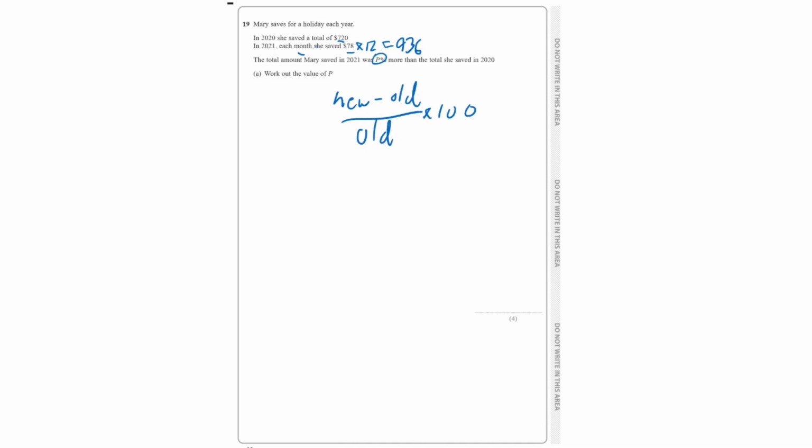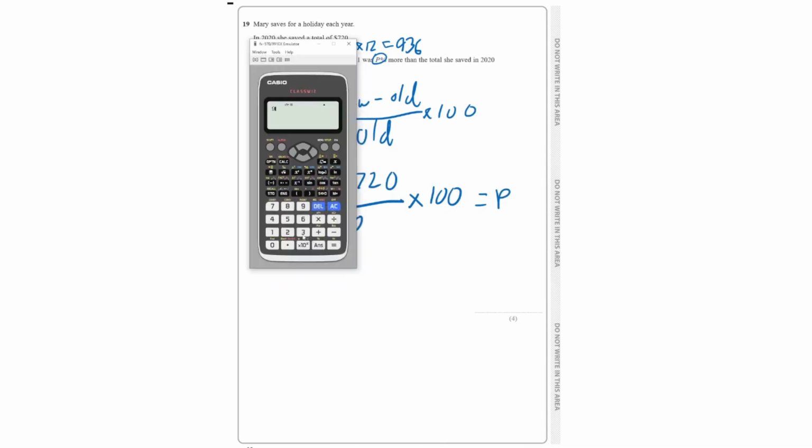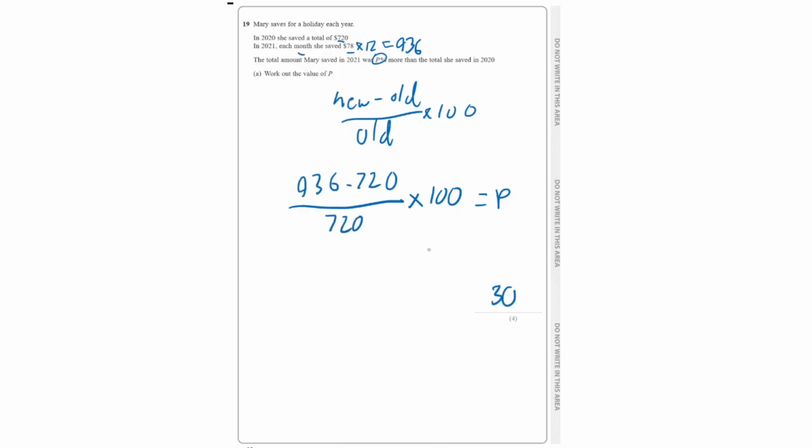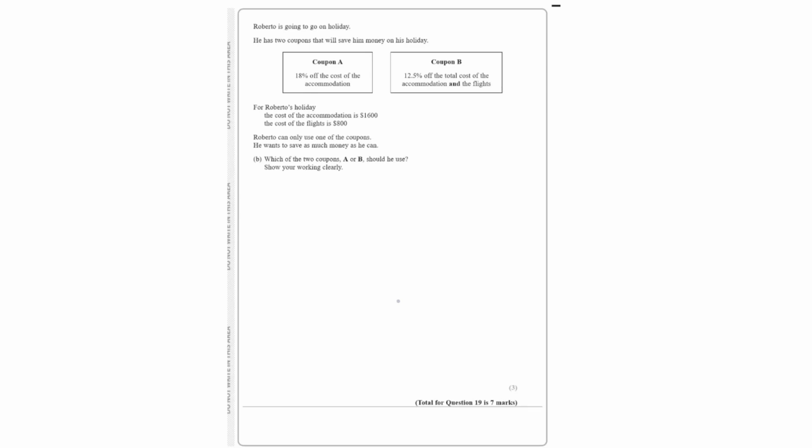So the new amount is 936 minus the old amount is 720 divided by the old amount 720 times 100 should give us P. Let's use our calculator here. 936 minus 720 divided by 720 times 100 gives us 30. So P is 30%.